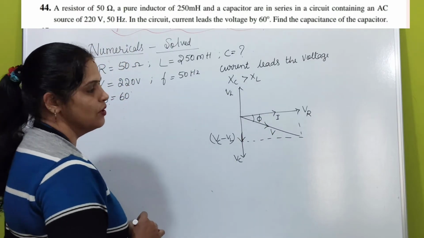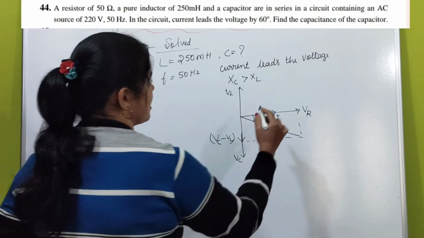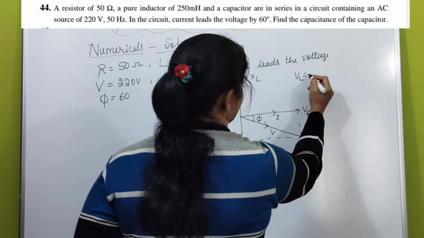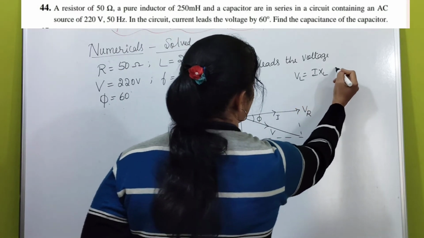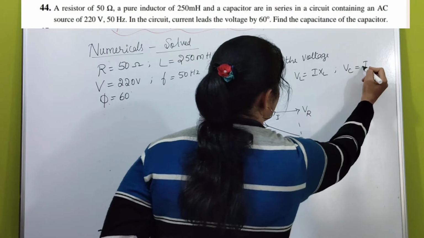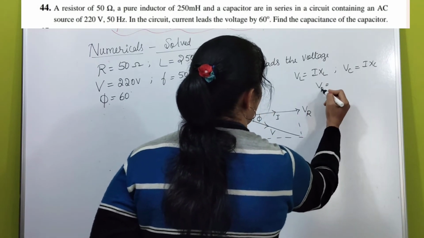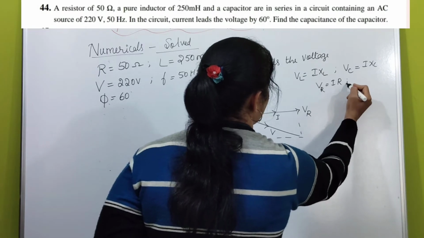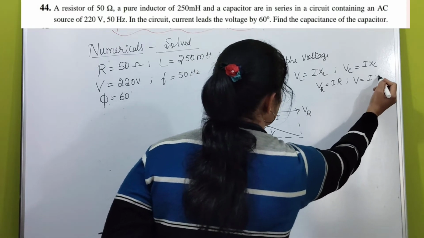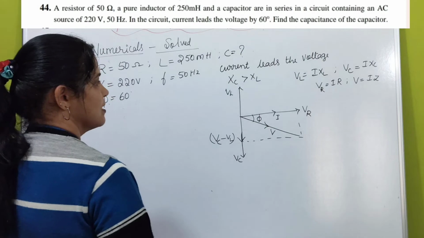Is this clear for you? Now, how to write VL? VL can be written as I XL, VC is I XC, VR is I R, and V can be written as I Z. Is this clear?